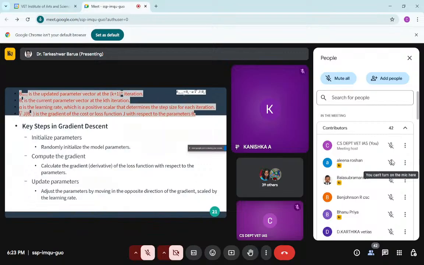K is a position and theta k is the current parameter vector at the kth position. Alpha is the learning rate. What is the learning rate? It is always positive, and a scalar that determines the step size for each iteration. And this is the gradient of the cost function.